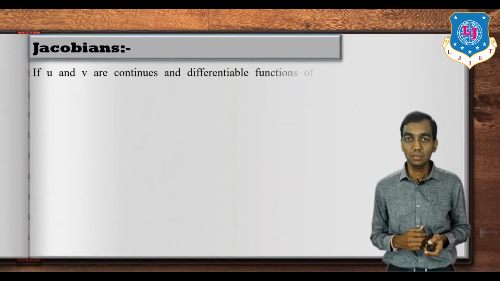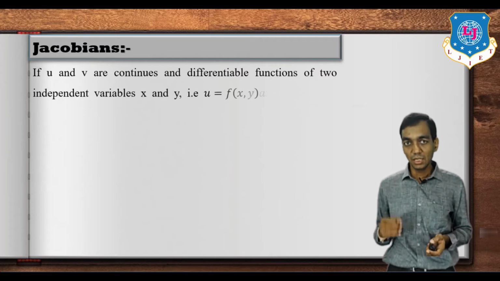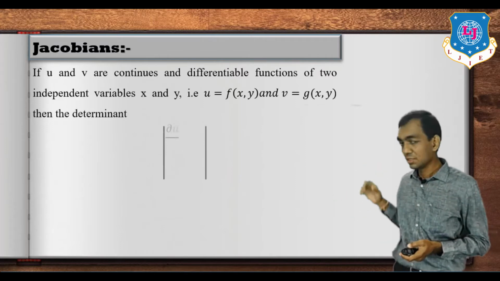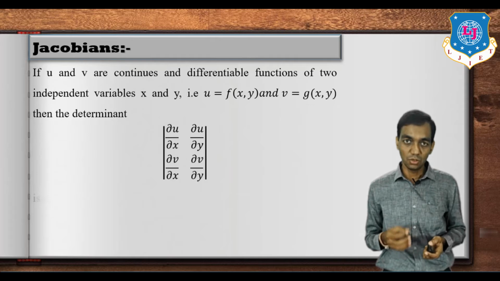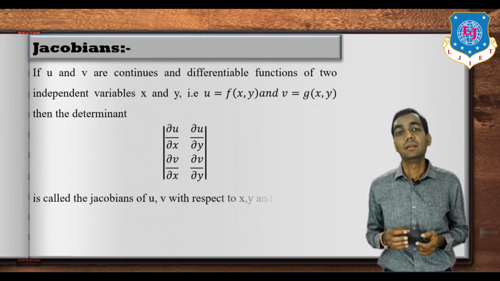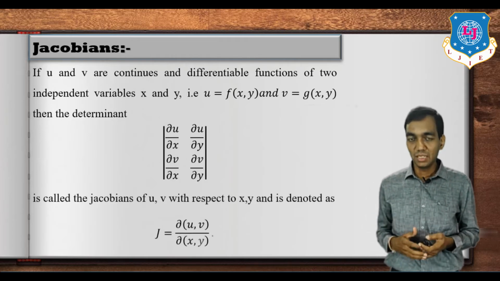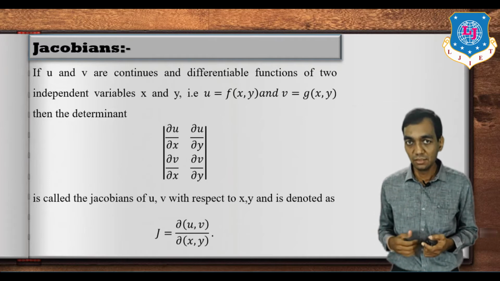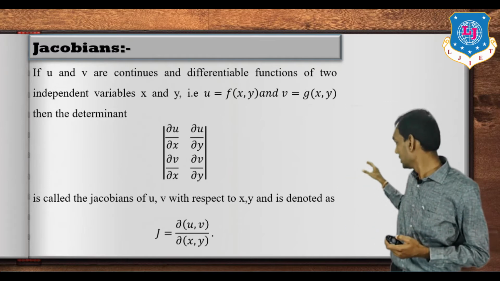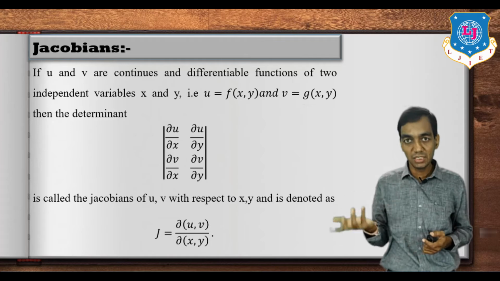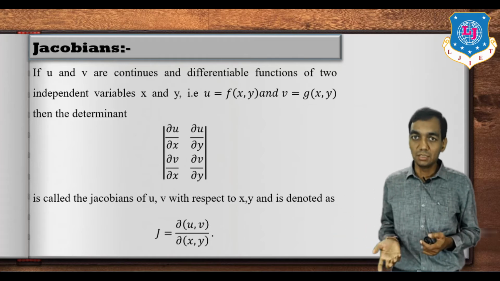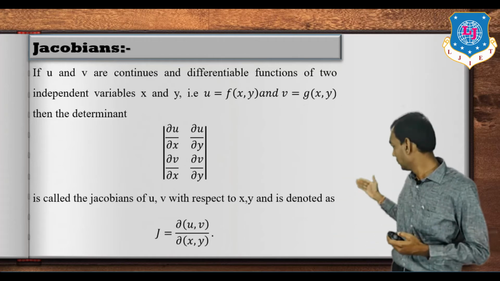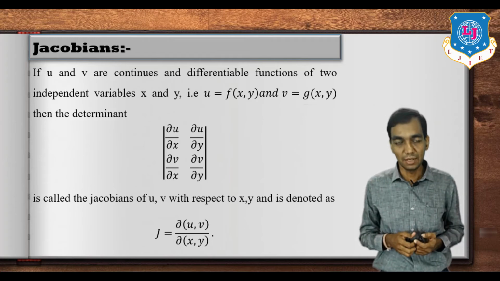Now we are going on to the Jacobians. If u and v are continuous and differentiable functions of two independent variables x and y, that means u is a function of x, y and v is a different function of x, y.